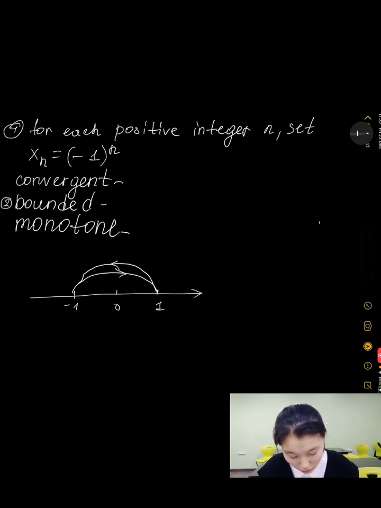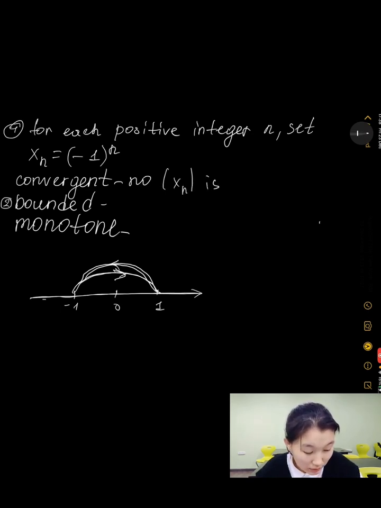If I was to show you what the sequence did on the number line, it would just go back and forth between minus 1 and 1. It's certainly not convergent. Is the sequence convergent? No, xn is divergent.